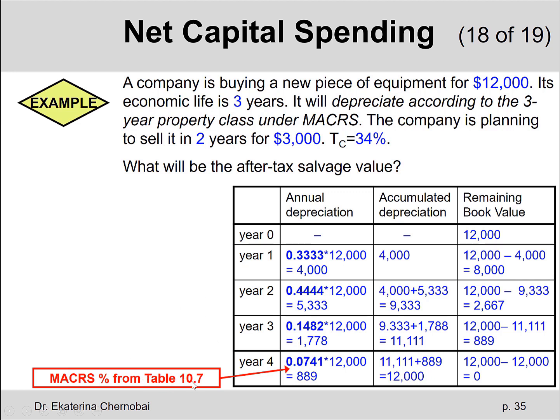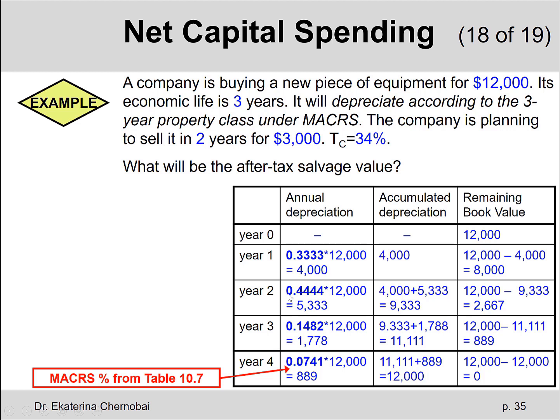Using the table 10.7 from the textbook with depreciation rates for different years for different property classes, we would look up the table for the 3-year property class under MACRS, right? And it says that during the first year, 33.33% of $12,000 would be lost. That's $4,000.